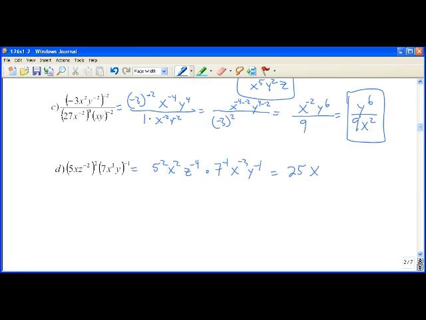We have x to the 2 plus negative 3, y to the negative 1, z to the negative 4, and I'm just going to put that 7 down, 7 to the 1. So we have 25, x to the negative 1, y to the negative 1, z to the negative 4, all over 7. So that's going to be 25 over 7, x, y, z to the 4th.